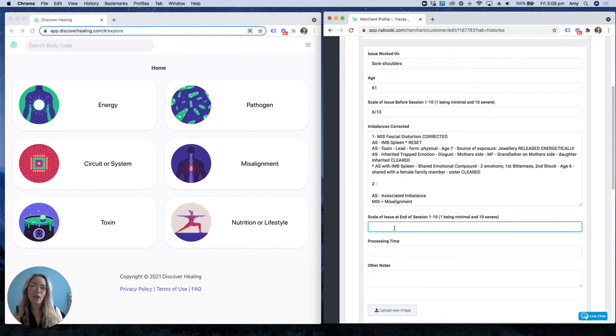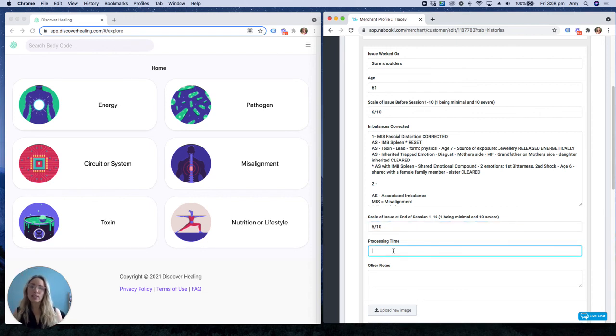At the end, we find the scale of the issue, so we check in to see how it's rating. So I've just done a quick little example for Tracy there, so I'll check on the scale. So we've gone to a 5 out of 10. So then we check on processing time.